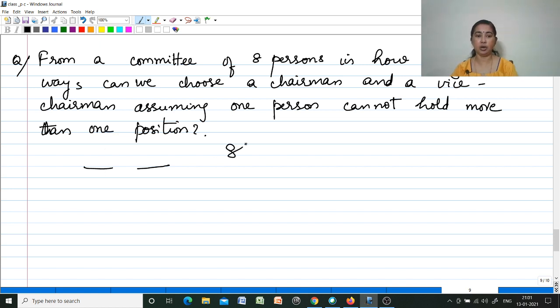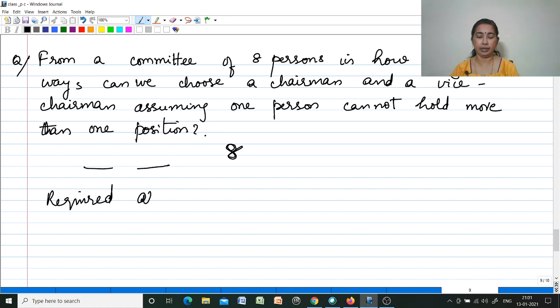How many different arrangements are possible? That means in how many ways can we choose a chairman and vice chairman. So 8 objects are there and 2 places to fill. Repetition is not allowed because one person can hold only one position at a time.